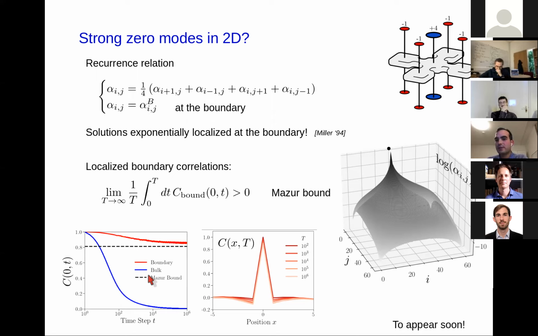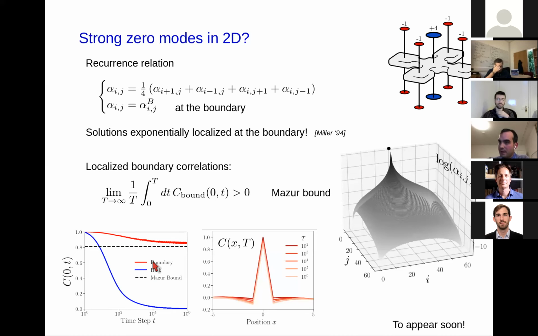And if you contrast with numerical results, what you will find is that bulk correlations appear to decay, following our hydro approach, while boundary correlations get stuck at some finite value. And if you look at the spatial profile of these boundary correlations between the central point and everywhere else at the boundary, you find that it is apparently exponentially localized at that particular point.